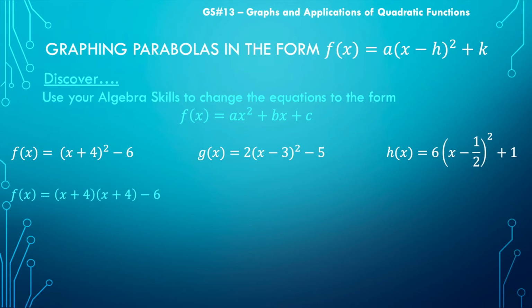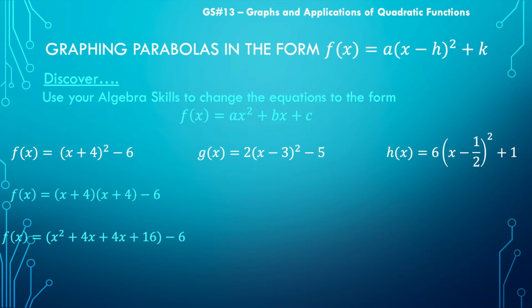Okay, for this first one, the first thing we're going to do is multiply x plus 4 times x plus 4. And we've got that minus 6 on the end there. Then when we multiply that out, we'll have x squared plus 4x plus 4x plus 16 minus 6.